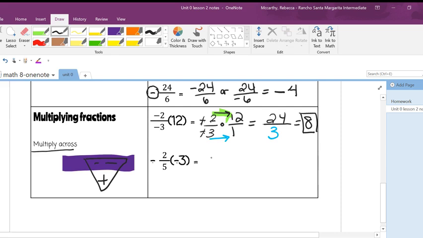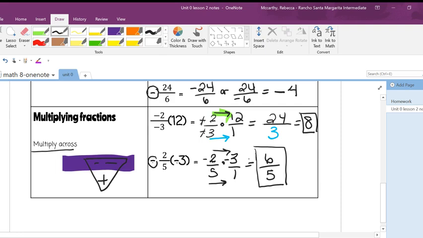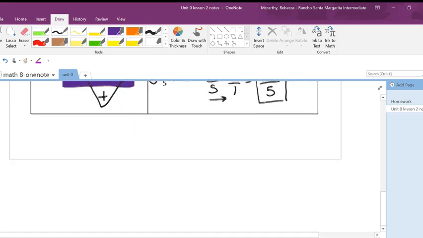So then I think of this as 2. Remember that negative belongs to the top or the bottom, but not both. 2, and I'm making them on the top, times 3 over 1. I'm going to multiply across. We knew it's positive, so 2 times 3 is 6, and 5 times 1 is 5. This can no longer go in evenly, so I'm going to leave it alone, and I can't simplify any further.